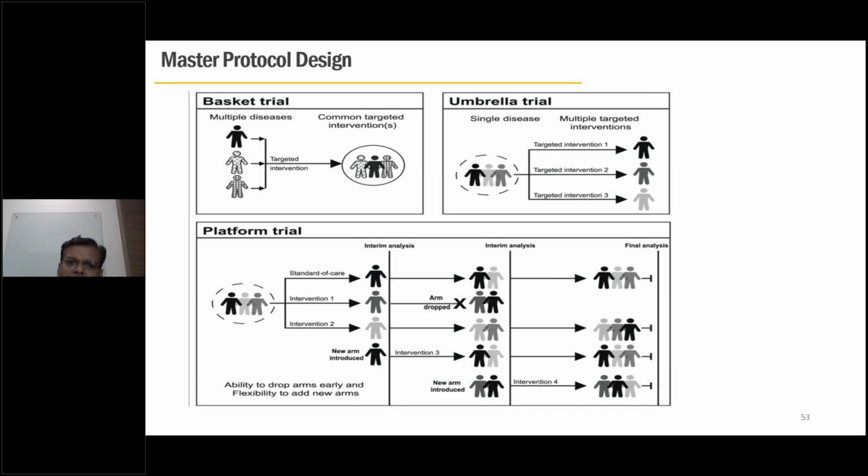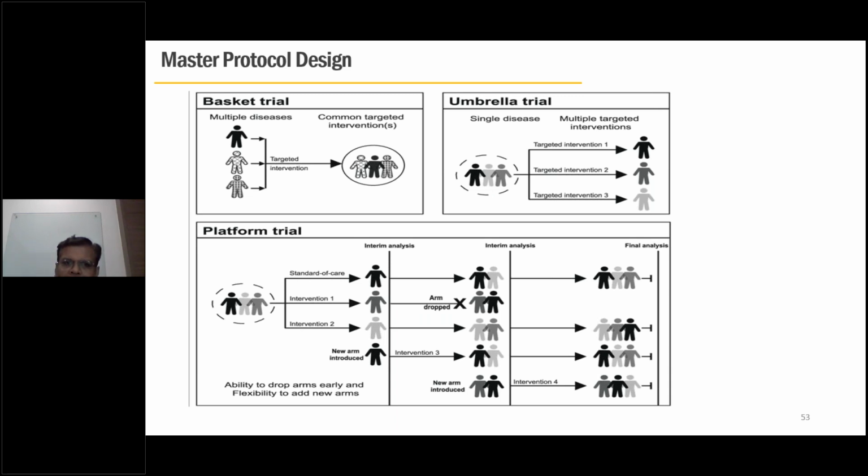On the other hand, there are umbrella trials. In that case you have a single disease. For example, we have COVID at this point of time, and we are targeting it with many different repurposed drugs. We are trying chloroquine, we are trying whatnot, and also bevacizumab for that matter.